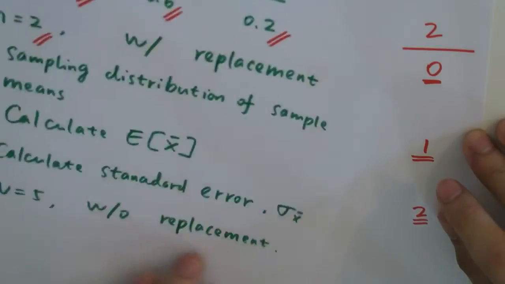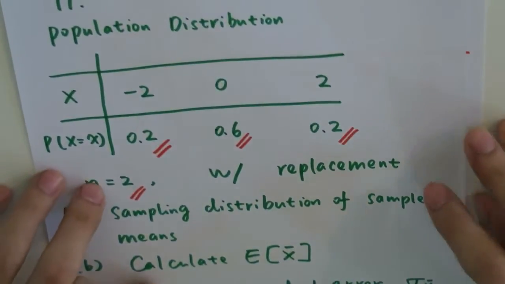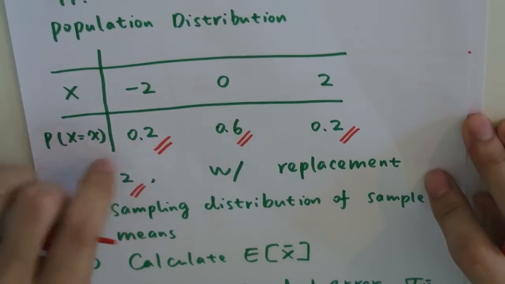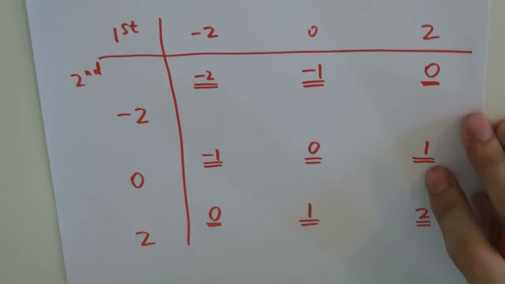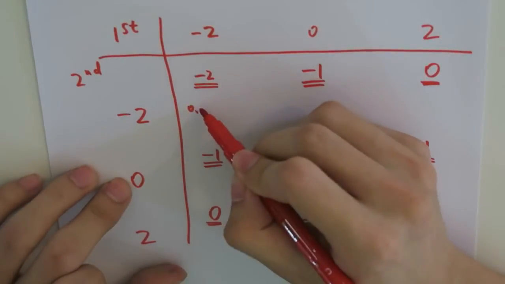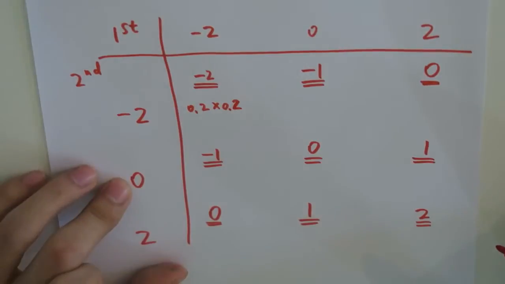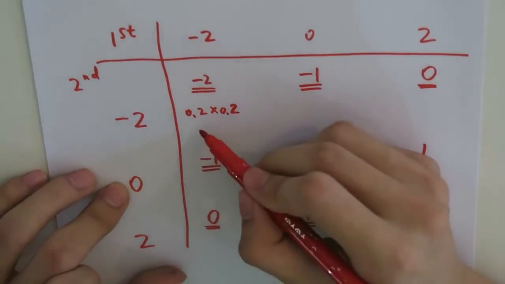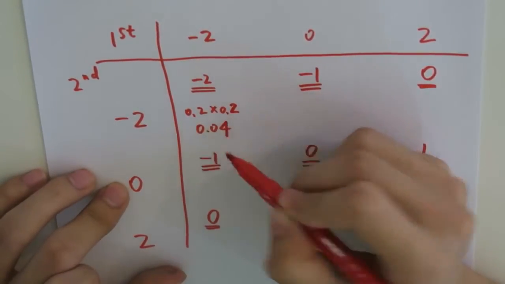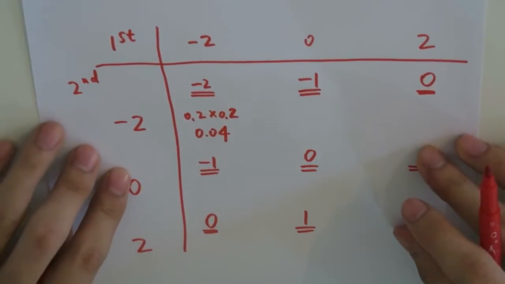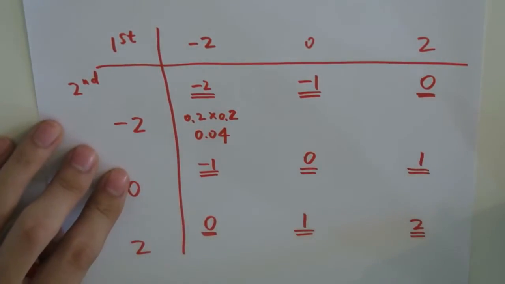So we go back to the table given in the question. -2 and -2, the probability will be 0.2 times 0.2, right? So the probability is 0.04. Okay, in the same way, we can find all the probabilities for the possible samples.